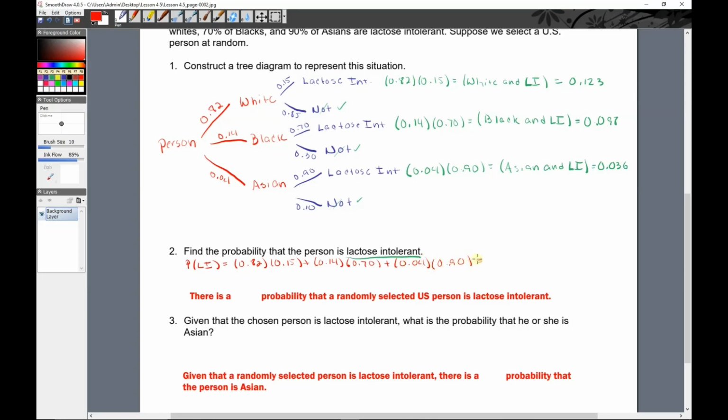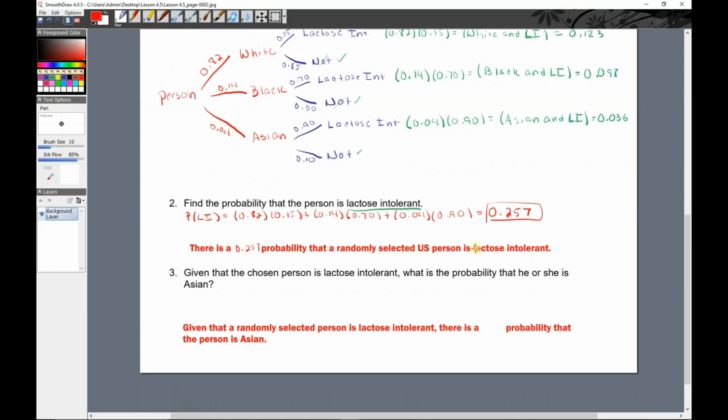And when you add those up, you get a probability of 0.257, which we can write here. So there's a 0.257 probability that a randomly selected U.S. person is lactose intolerant. So that's one of the kind of questions that you could be asked.